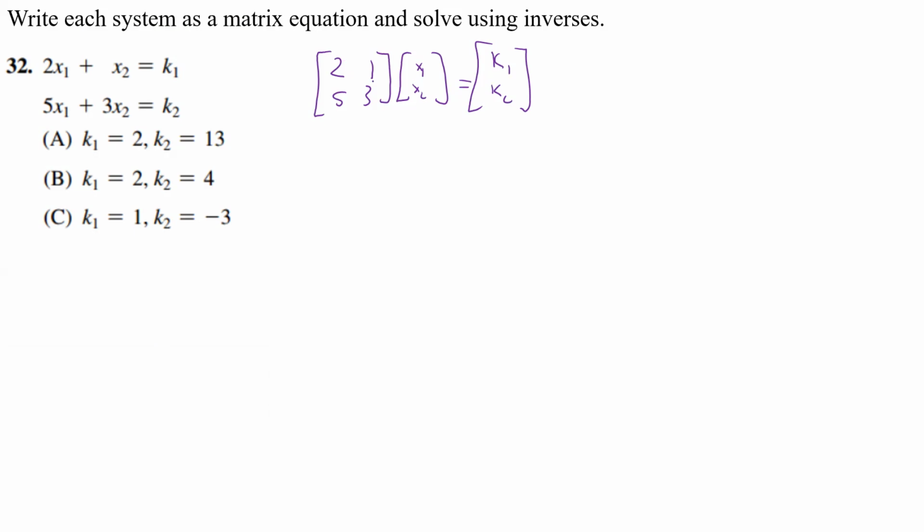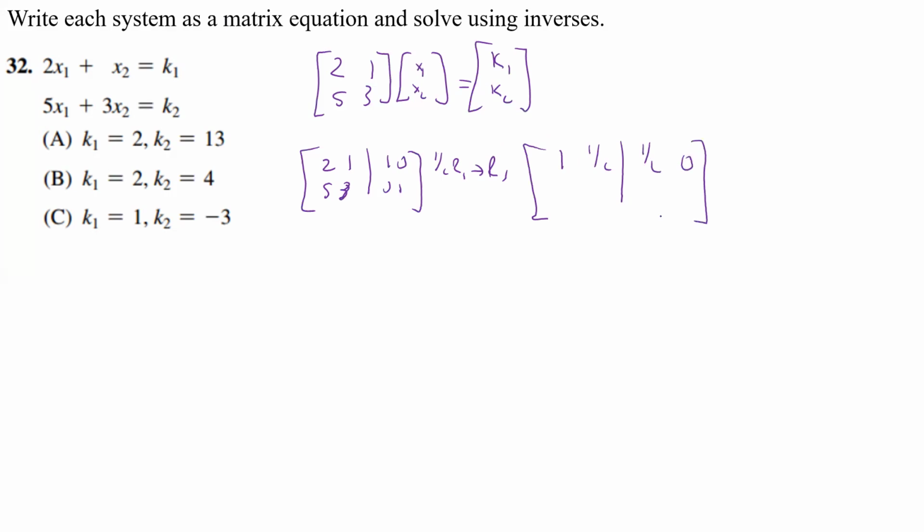Now we need to find A inverse, so we'll have [2, 1; 5, 3 | 1, 0; 0, 1]. Let's take a half of row 1 and make that the new row 1. This one's not nice to do like I did on the last one, so I'm just going to do one step only. So that's going to be 1, 1/2, 1/2, 0, then 5, 3, 0, 1.